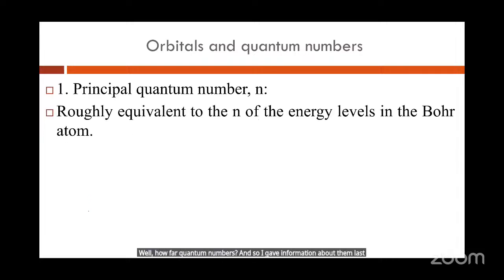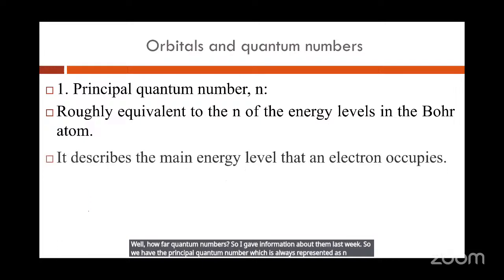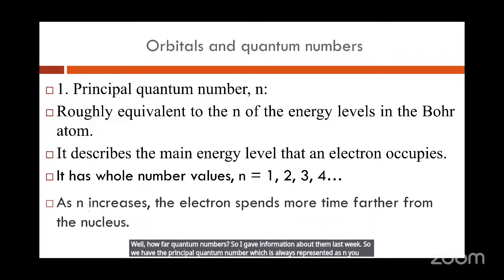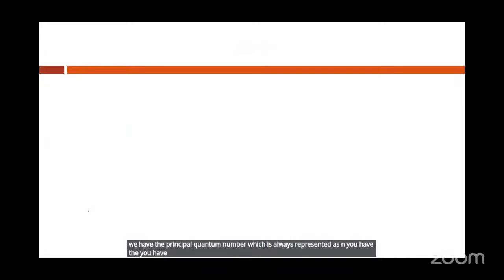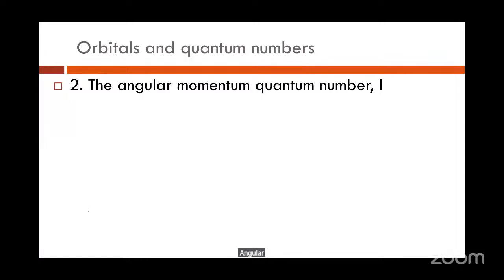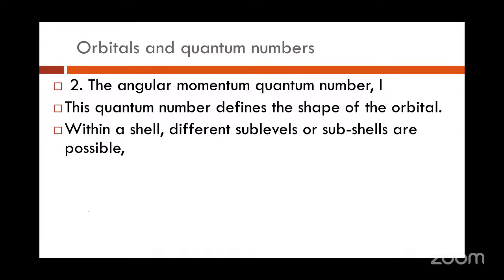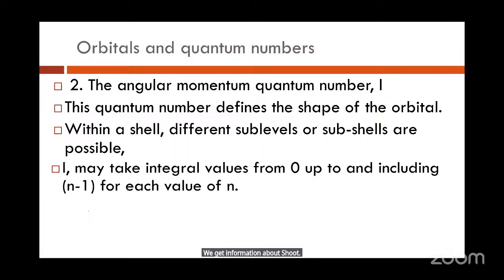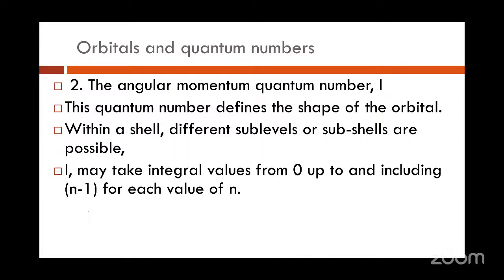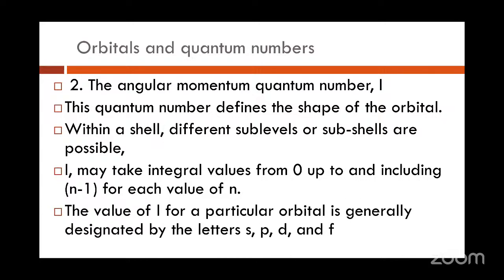So we have the principal quantum number, which is always represented as n. You have the angular momentum quantum number, which gives information about shape and the different sub-orbitals.